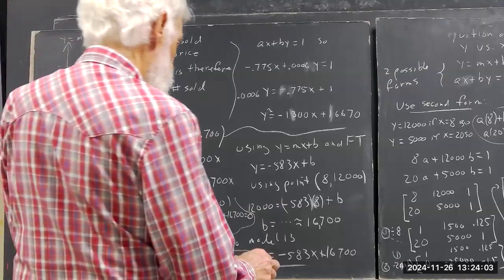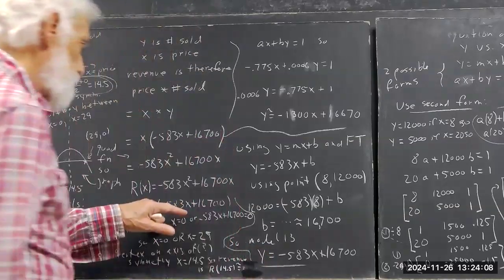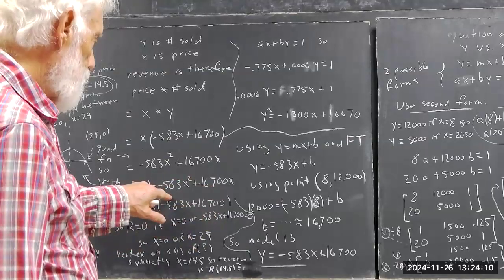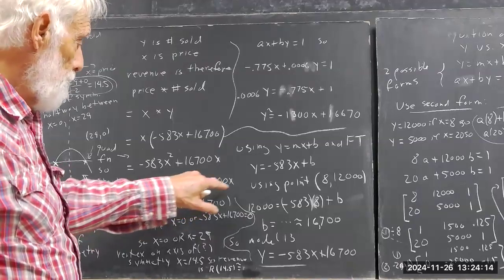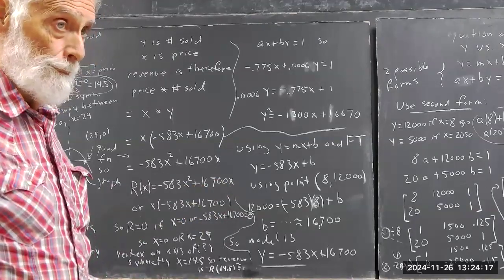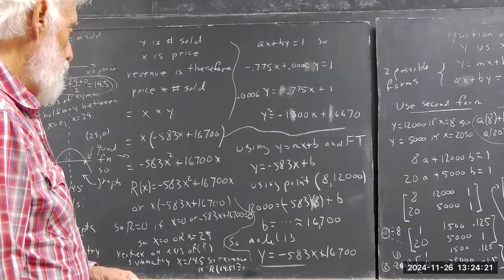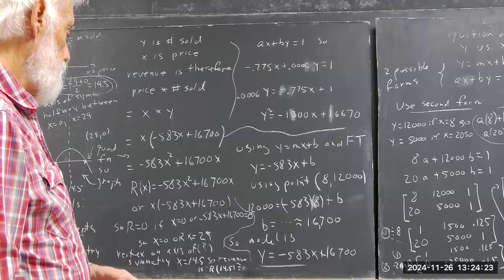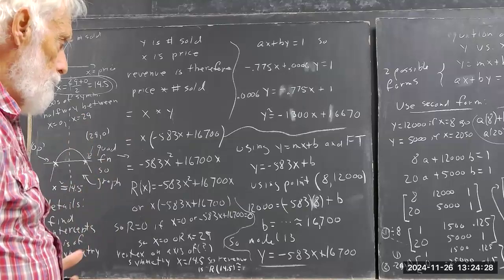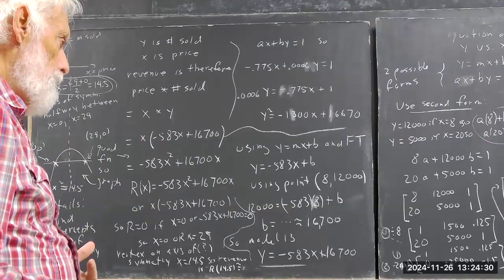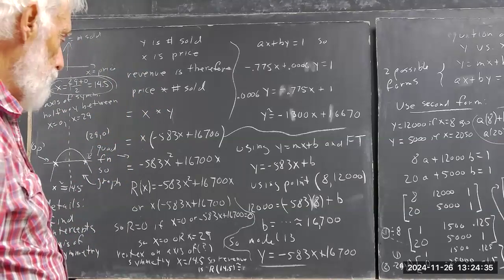Looking at this rather than this, and I think in two places at once. Okay, we've got to plug x in here. So that negative 583 x squared is about negative 10,000. You multiply this by 14, or multiply 16,000 by 14, and you get about 220,000.